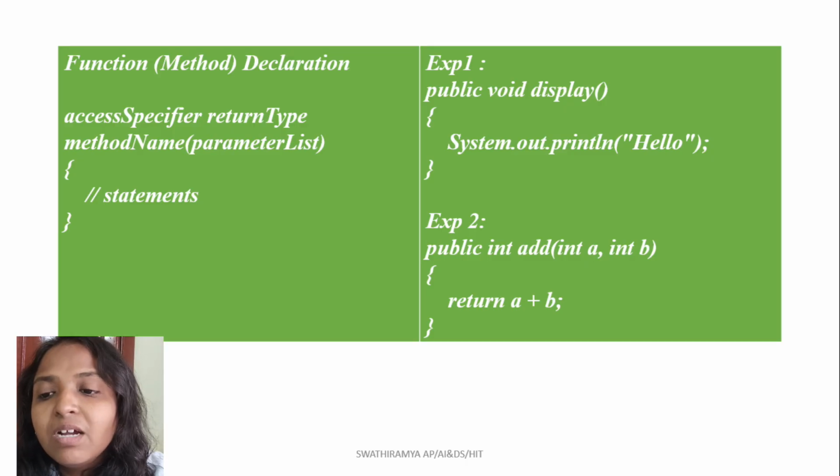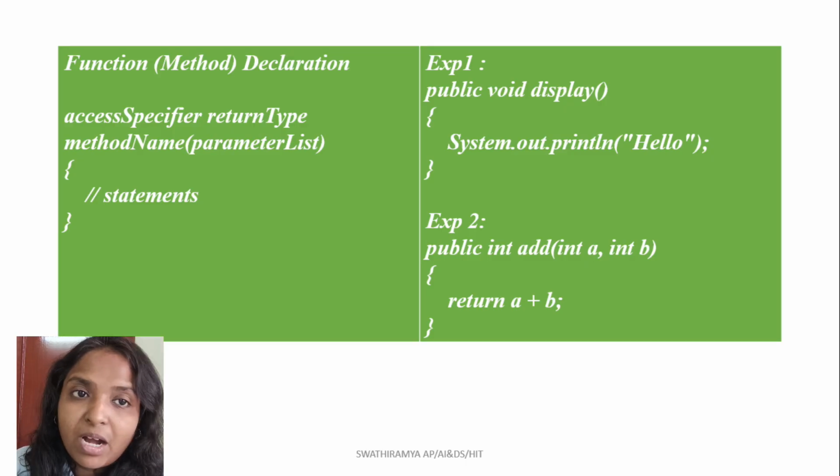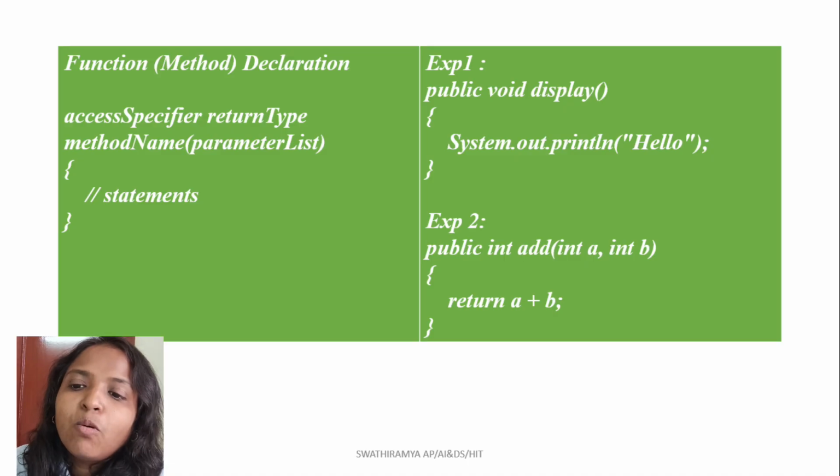So I have given the return type as int. Then my function name is add, and I have passed two parameters, int a, comma, int b. I'm going to perform addition between these two parameters. That is the goal of this function. Inside the function, I return a plus b.